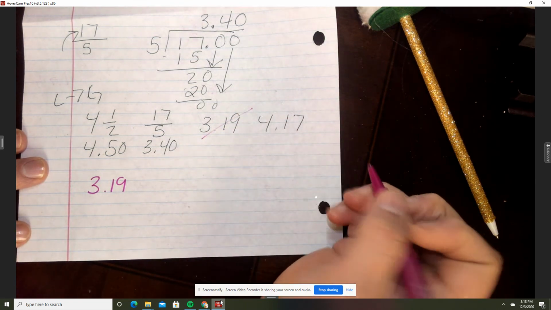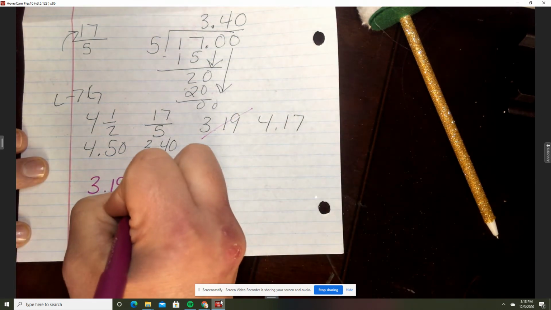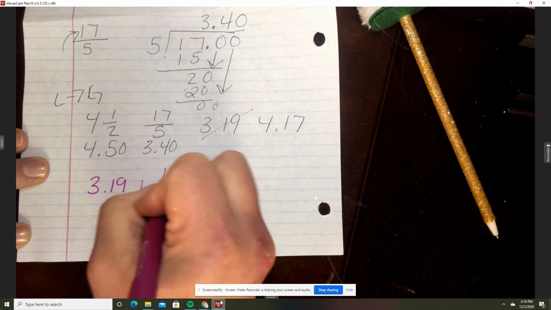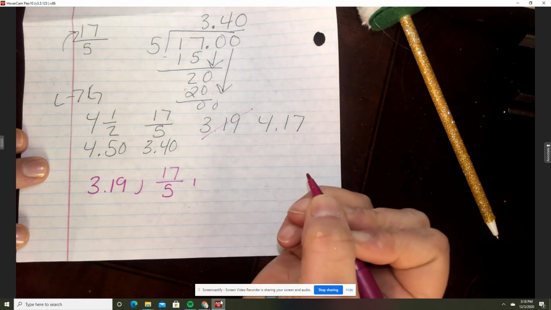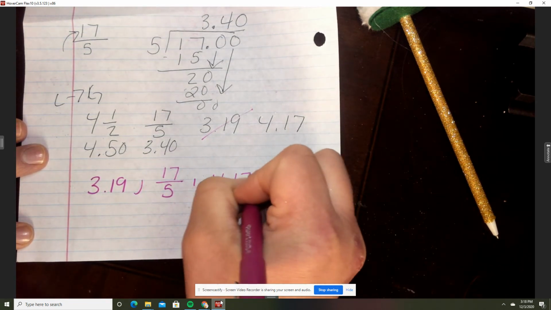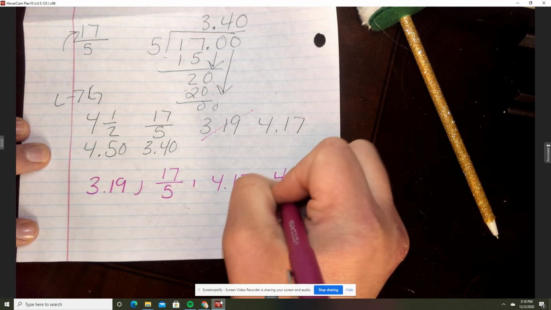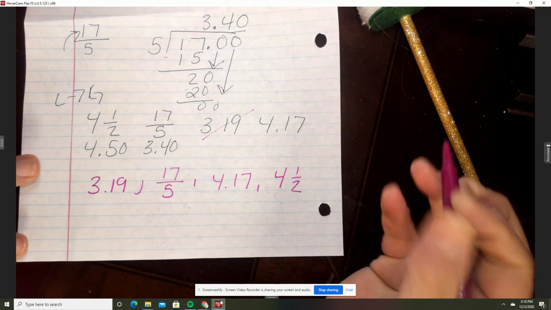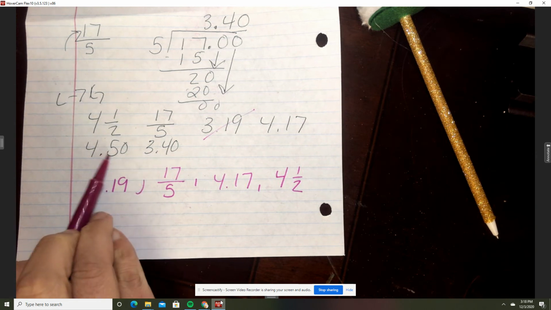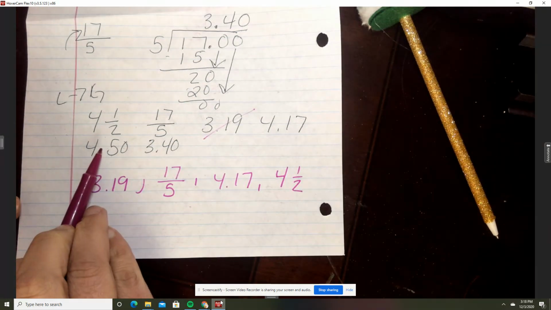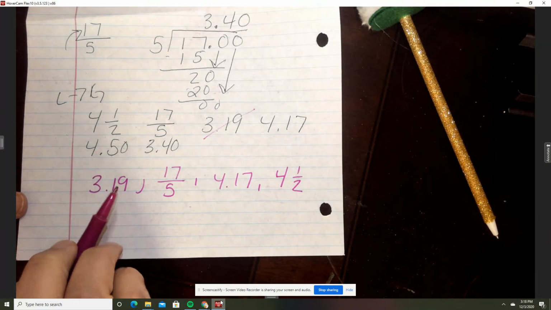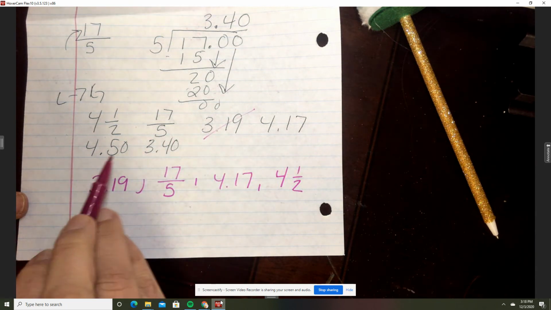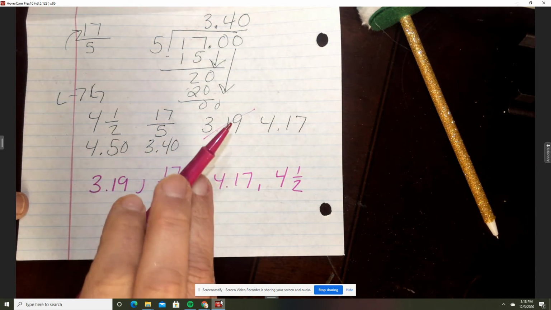Then I'm going to go with this one. But instead of putting 3 and 4, I'm going to put 17 over 5, and then 4 and 17ths, and then 4.5. Okay? So I converted my fractions to decimals that have whole numbers, and then I ordered all 4 that were in my set.